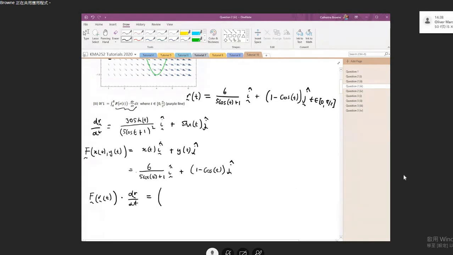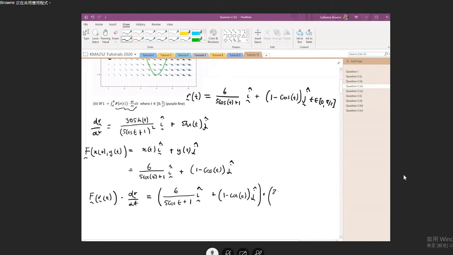So f of r of t is going to be 6 over 5 cos t plus 1 I plus 1 minus cos t j, dotted with dr dt.